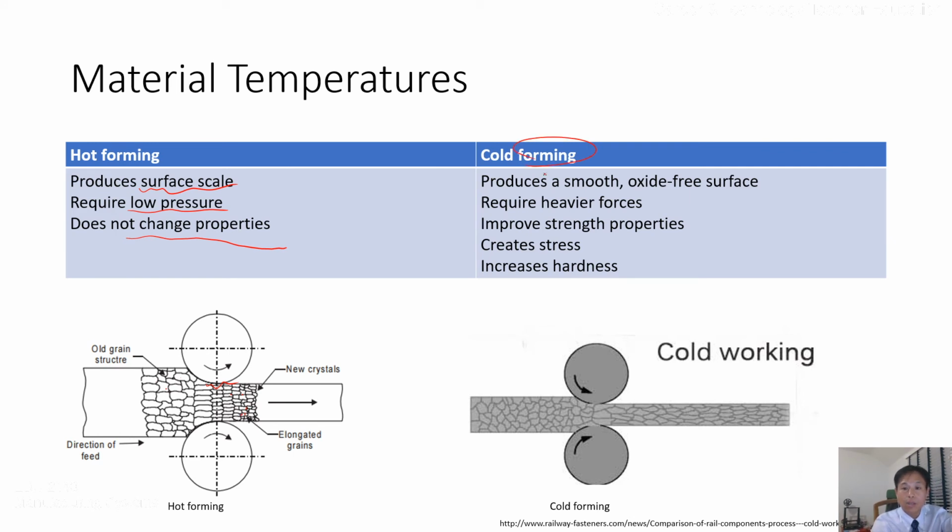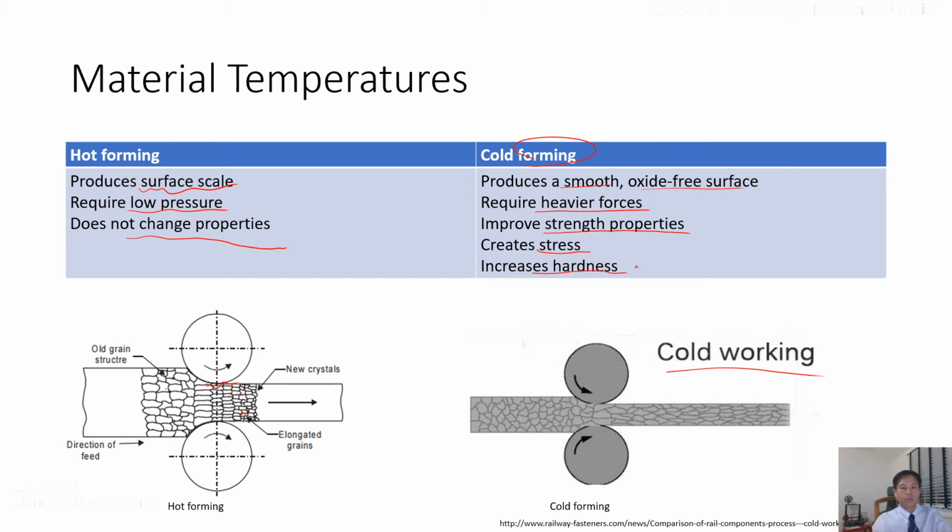But cold forming produces a smooth and oxide-free surface and requires heavier force than hot forming. It improves strength properties, so it becomes harder, which increases strength and creates stress that makes the cold-worked product brittle, and increases hardness.